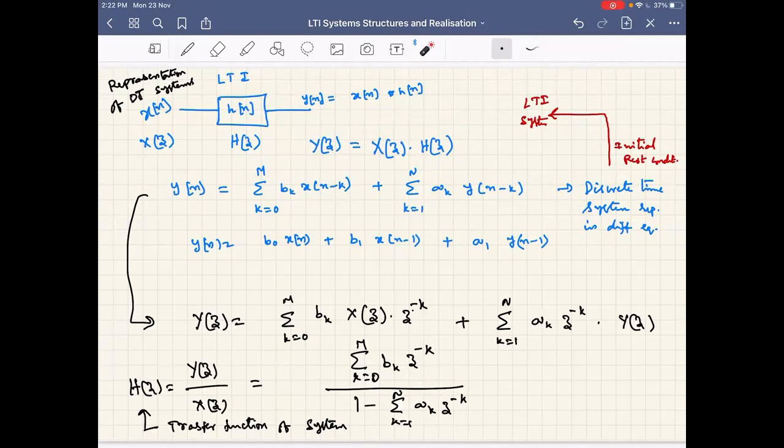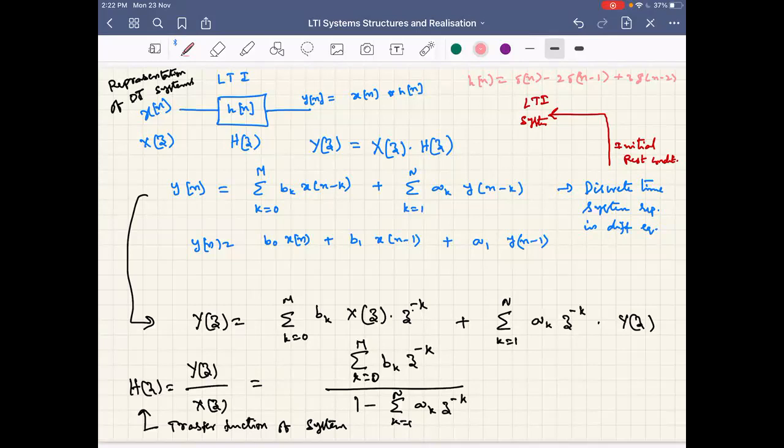Given a specific h of n, something like, say, h of n equal to delta n minus 2 times delta n minus 1, or plus 3 times delta n minus 2, something like this. So if I get some h of n, impulse response of the system, after my analysis of input and output or giving impulse to the system, how do I realize that system?